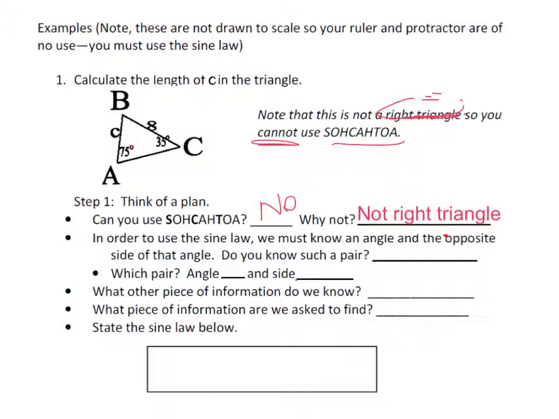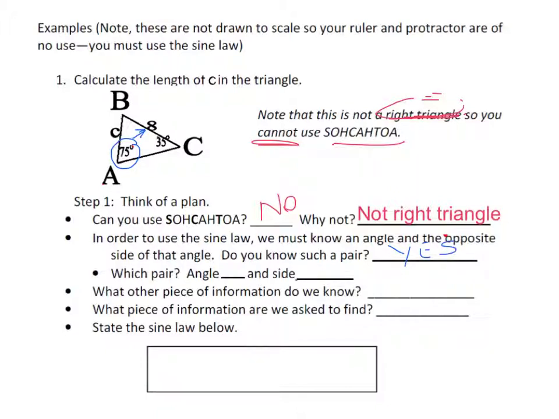In order to use the sine law, we must know an angle and the opposite side of that angle. Do we know such a pair? Okay, well let's look here. We know this angle right here, 75, and we know the opposite side, 8. So yes, we do. Which pair?